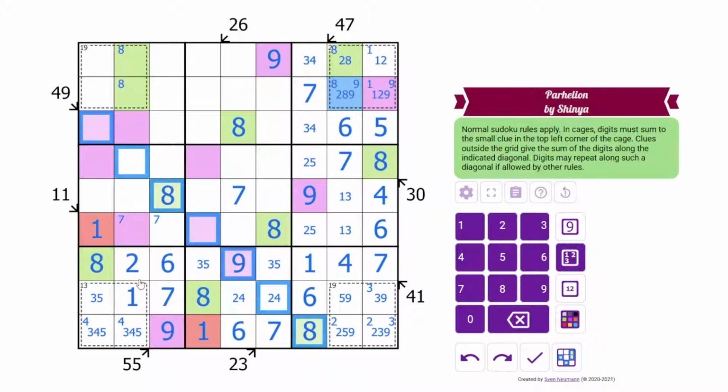Yeah, so I don't really get any mathematical progress here. Oops, sorry. Mathematic, 1 goes there. Okay.